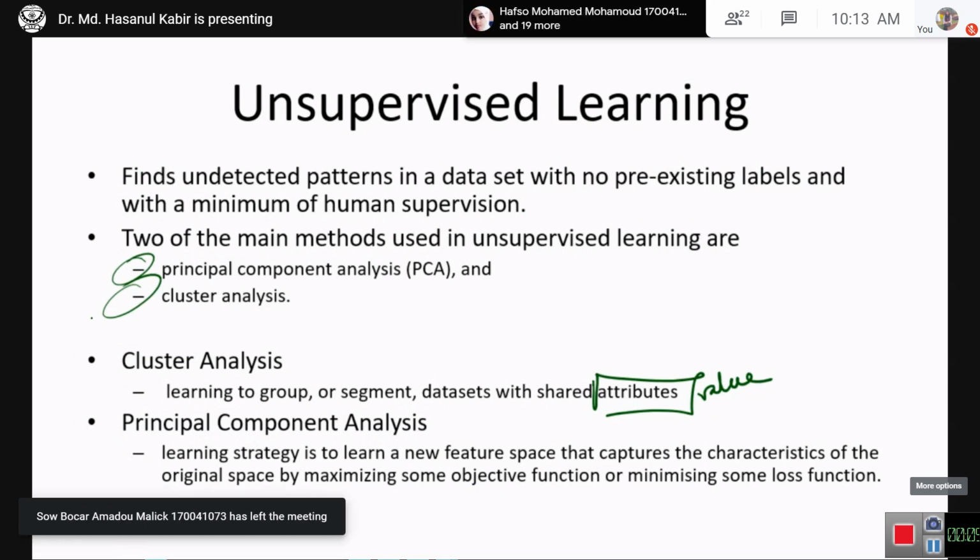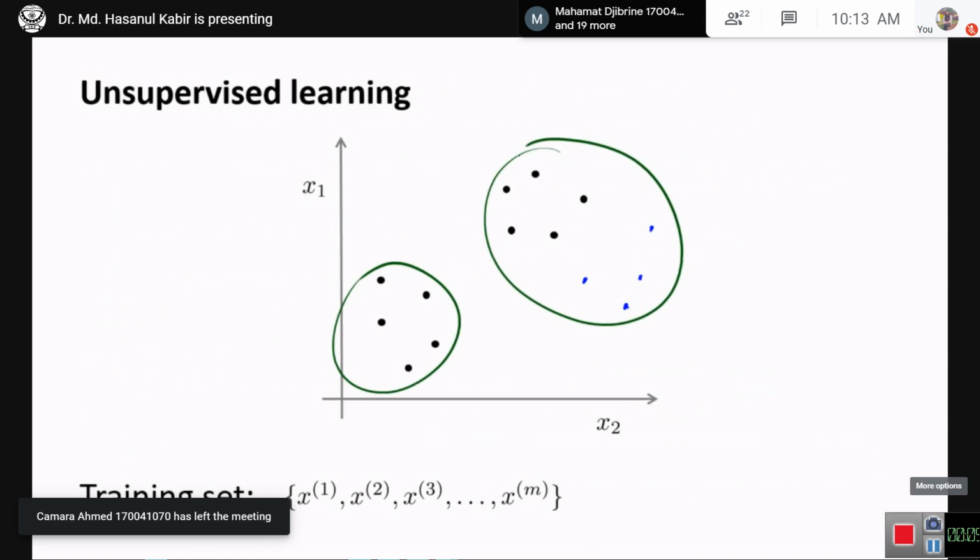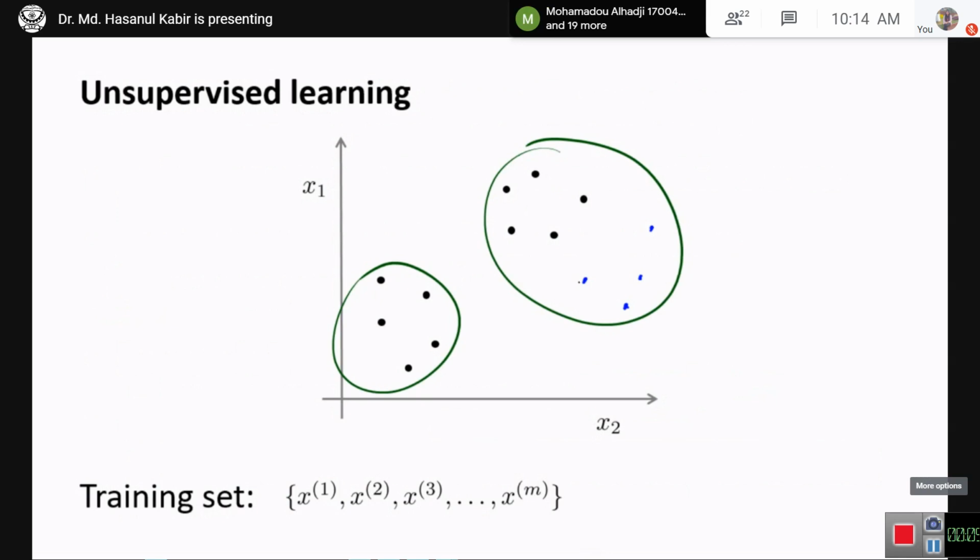Yes, sir. So as I've said, you already have the basic idea about clustering analysis. That means we want to cluster them into groups, something like this. In this particular example, if I do clustering, in what criteria have you clustered them? Based on proximity.